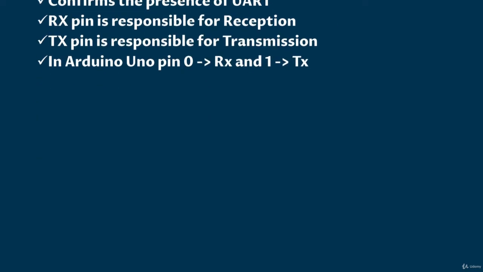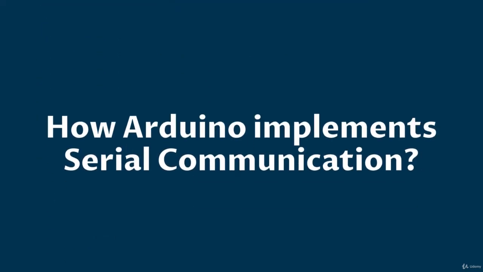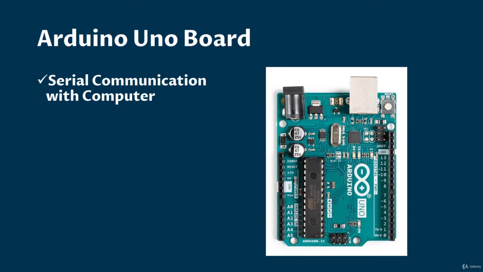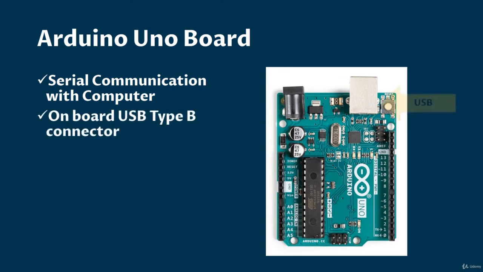Now, how does the Arduino Uno hardware implement serial communication? See this board picture. It has a USB port to communicate with a computer. USB means Universal Serial Bus. So Arduino can communicate with a PC via serial communication. The microcontroller doesn't support the USB protocol.